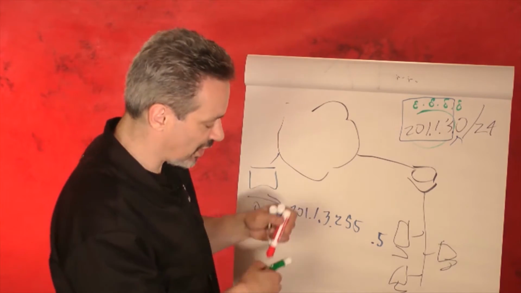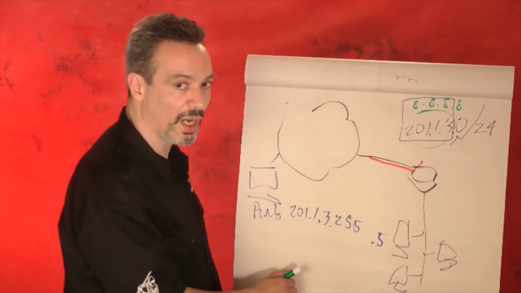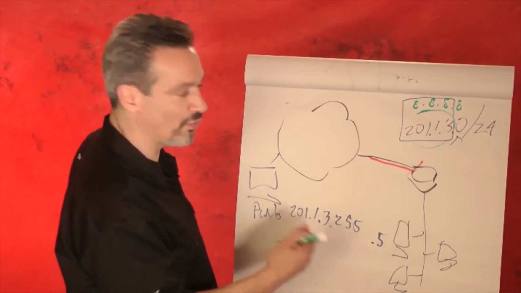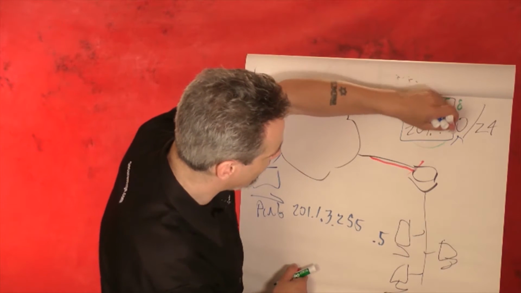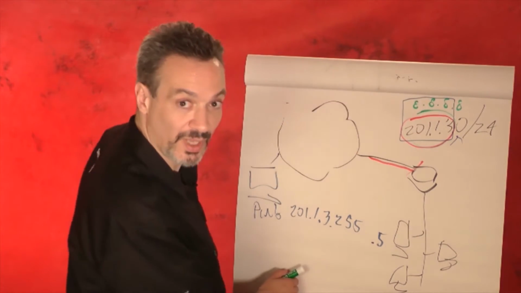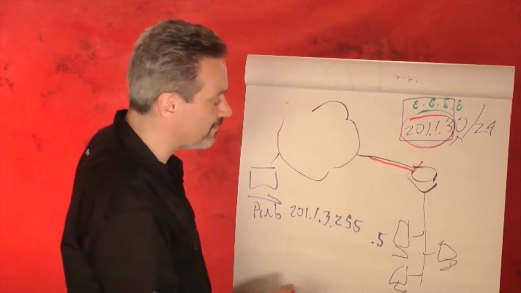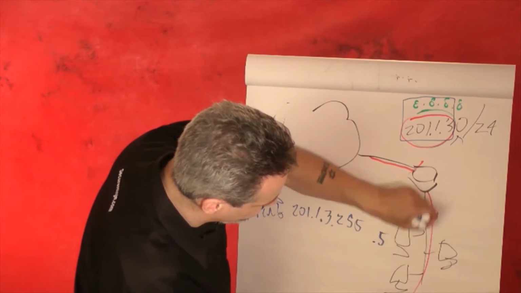Now, I'm an old Cisco guy. Cisco by default always had no ip directed-broadcast. No router would forward an all-routes broadcast, but that's not an all-routes broadcast. That's directed at this network. And some routers would allow that. I could enable it on my Cisco. Well, if it was enabled, everybody would get it.